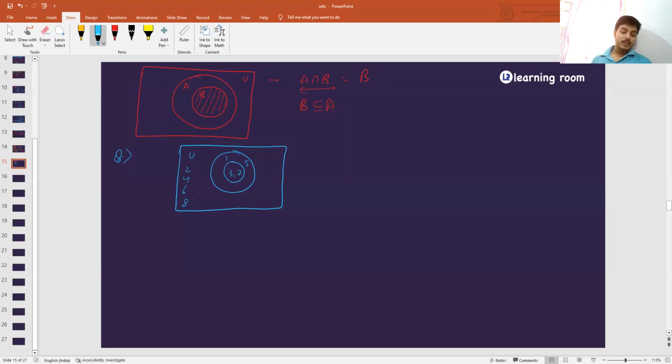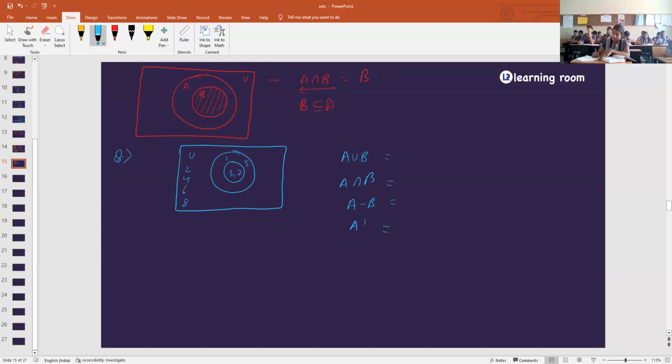So you have to find A union B, A intersection B, then A minus B, and A complement. I'll ask you, don't answer randomly. I'll ask each one of you to solve this. All of you have to solve all of these questions. I'll ask randomly.